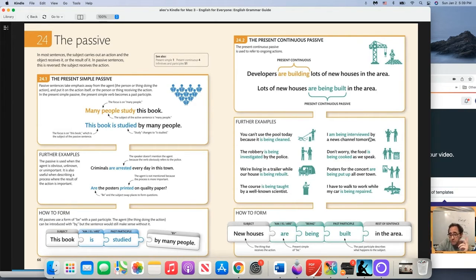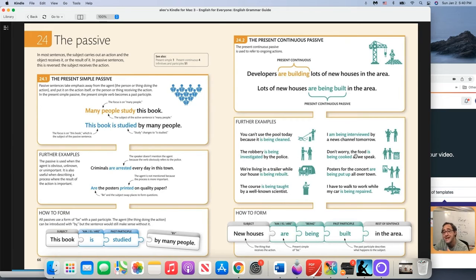Who's interviewing you? I'm being interviewed by a news channel tomorrow. You can say, if someone's kidnapping you, I am being kidnapped. That's actually a passive. I'm not doing anything. I'm having it done to me. I'm being kidnapped. The robbery is being investigated by the police. What's being investigated? The robbery is.